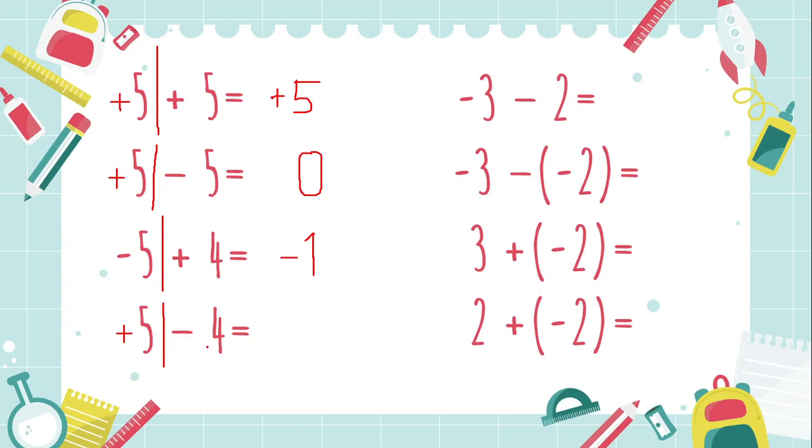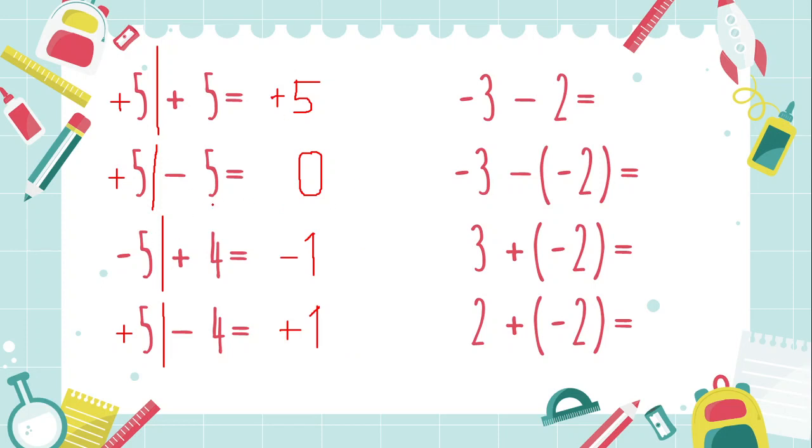So what do we have to do? Subtract them together. So you have 5 minus 4. The result is 1. Since 5 is bigger than 4 and the sign of 5 is positive, therefore the sign here should be positive.